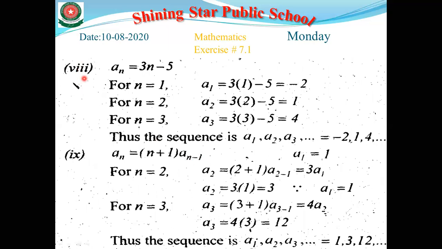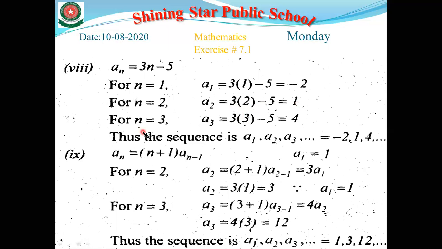Part number 8. an equals 3n minus 5. So for n equal to 1, we get a1 equals 3 multiply 1 minus 5. 3 multiply 1 is 3. 3 minus 5 is minus 2. Now, for n equal to 2, we get a2 equals 3 multiply 2, 6. 6 minus 5, 1.